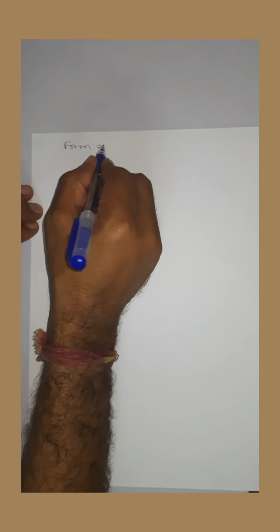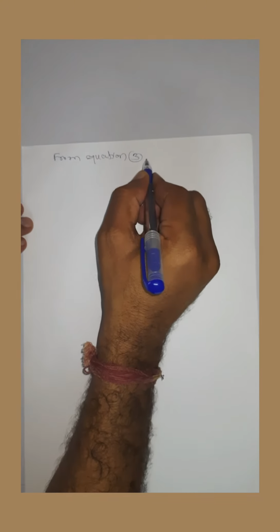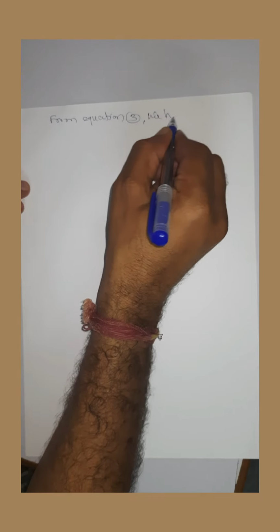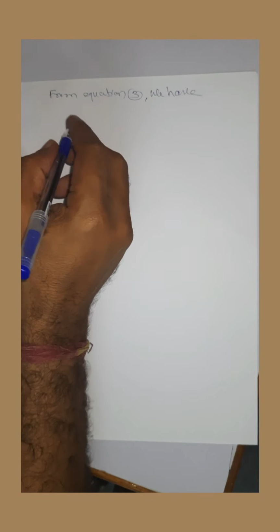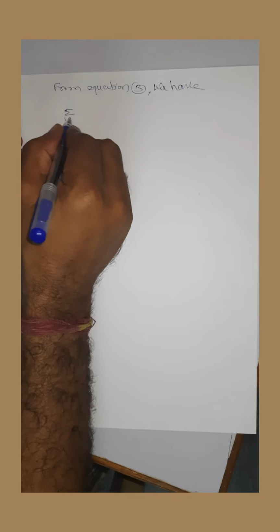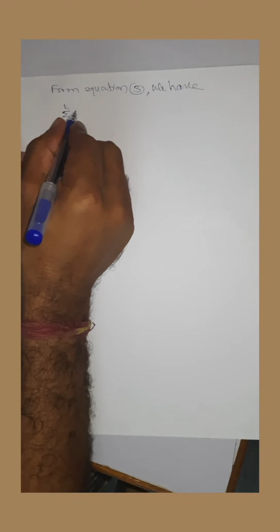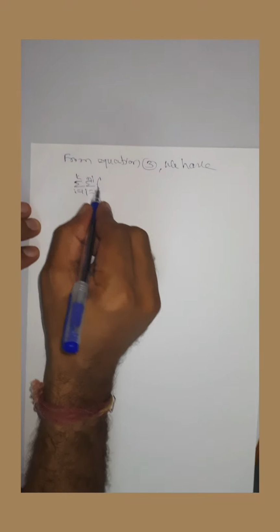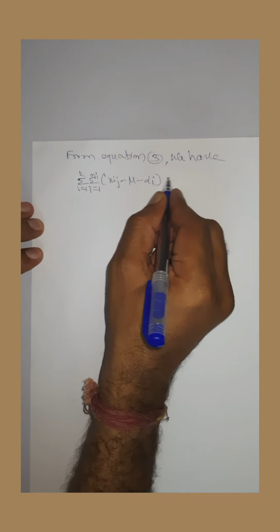From equation 3 we have summation i is equal to 1 to k, summation j is equal to 1 to ni into bracket xij minus mu minus alpha i is equal to 0.